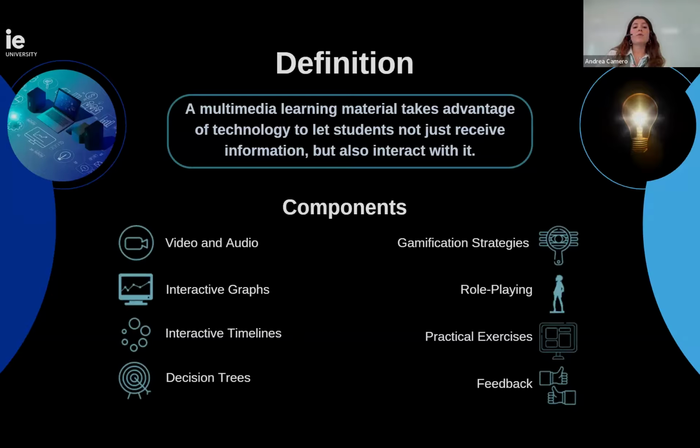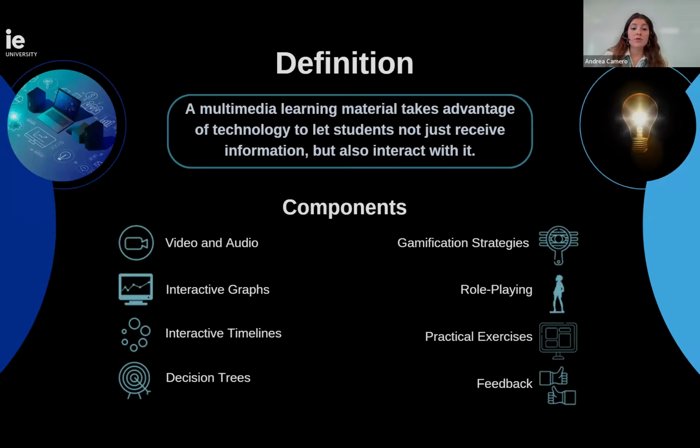So, for example, we have video and audio. In these videos, sometimes we use actors to tell a story, or they are enriched videos with graphs or animations and these kinds of things to help understand the content. Also, we have videos with a professor who is directly explaining the concept.